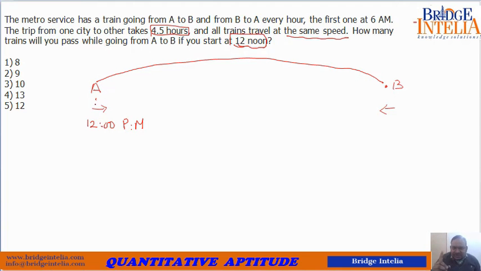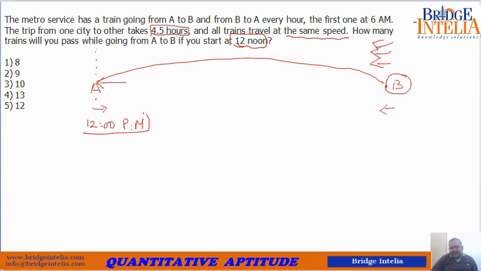So ask yourself, what does this mean? It means every hour one train comes and stops at this station, because every hour one train starts from the other side.